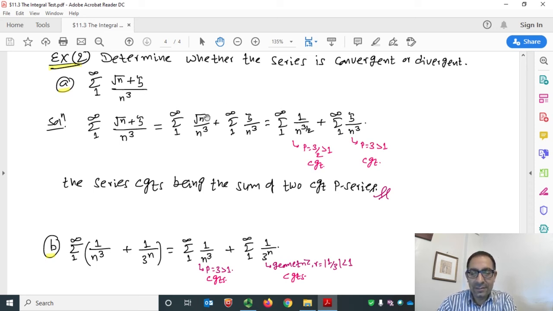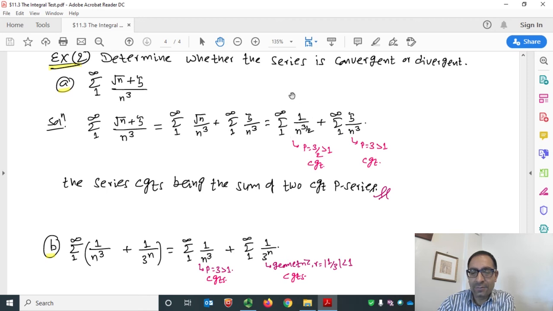And let's use laws of indices here and bring this radical n, meaning n to the power 1/2, into my denominator by switching the sign. So then this gives me n to the power 3 minus 1/2, which is 3/2. So this should be 5/2. And then the next one as it is.